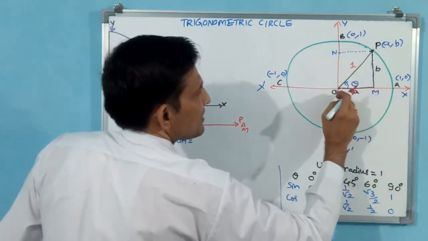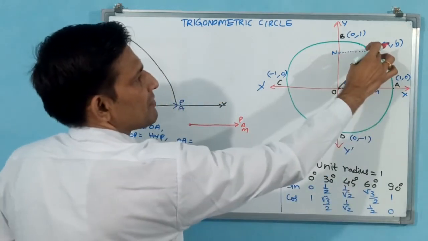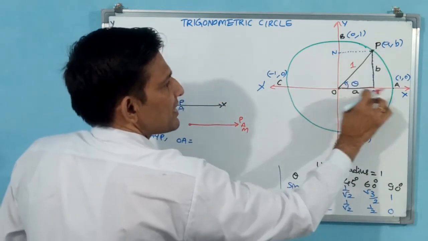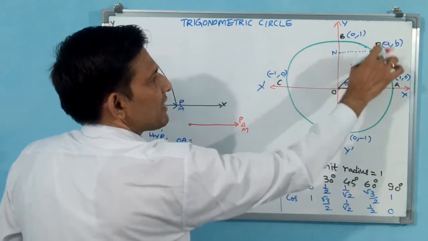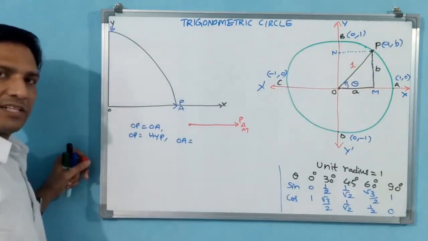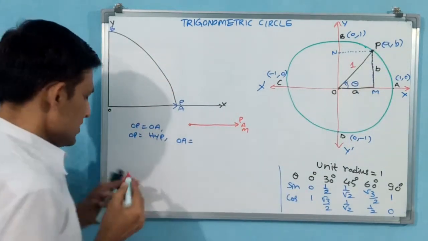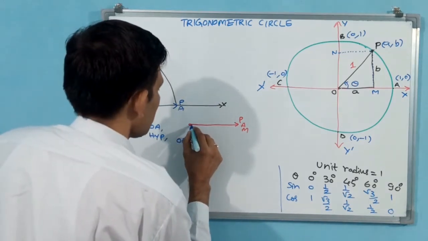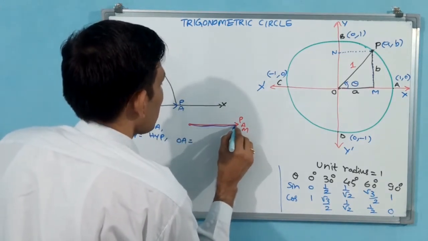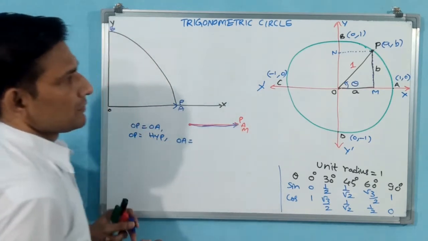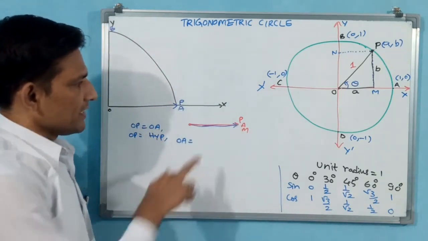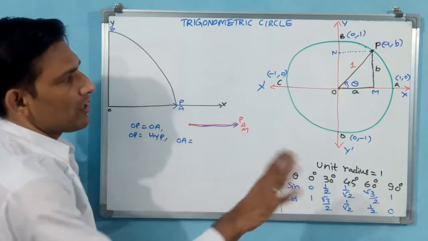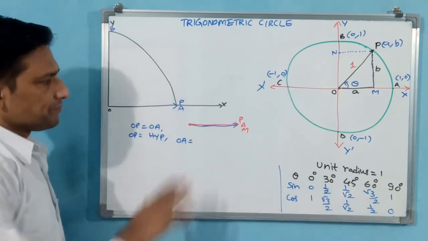P comes A side means M is going to shift to that side. Why? Because M is X coordinate, N is Y coordinate. You understand, na? Now in this only two lines are there. Now, OP, OA, OM all are equal.